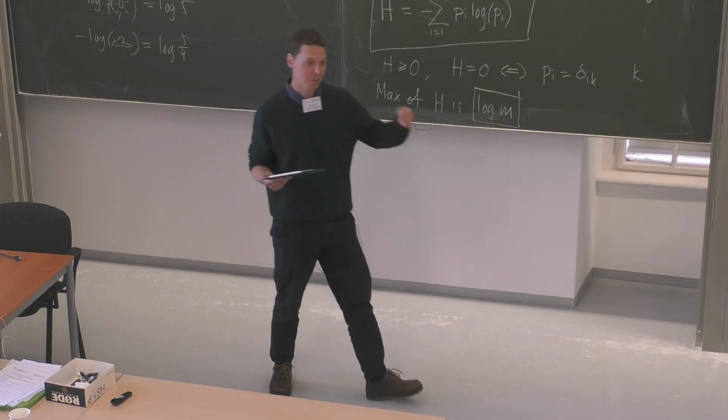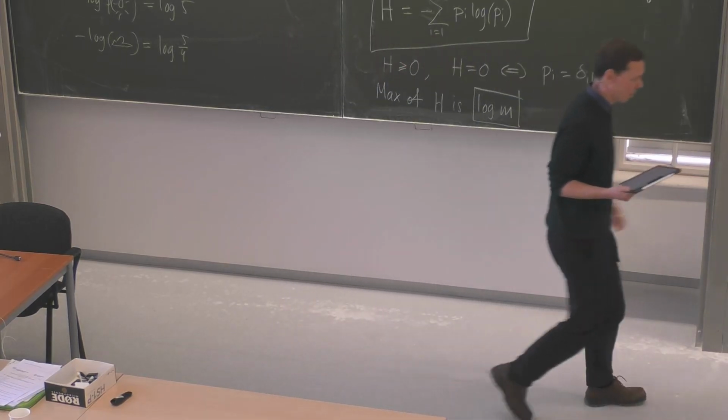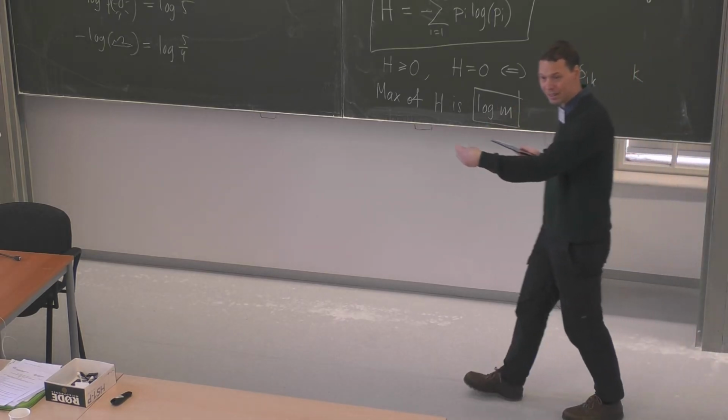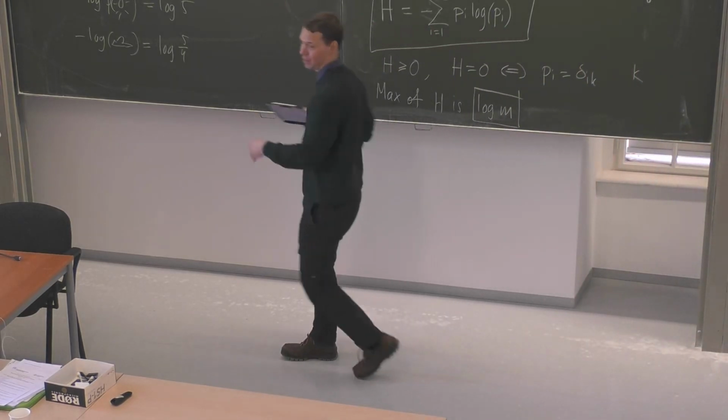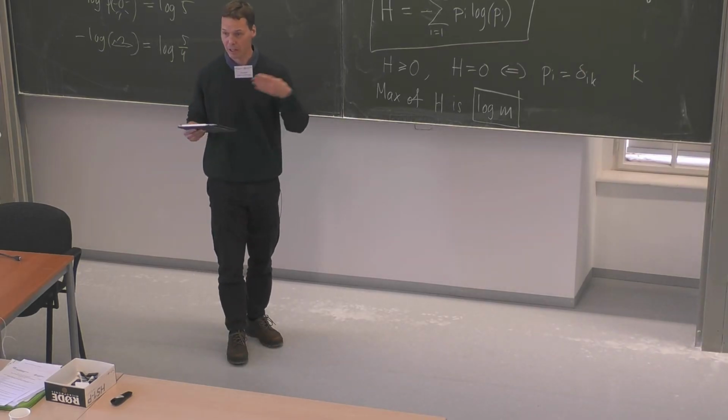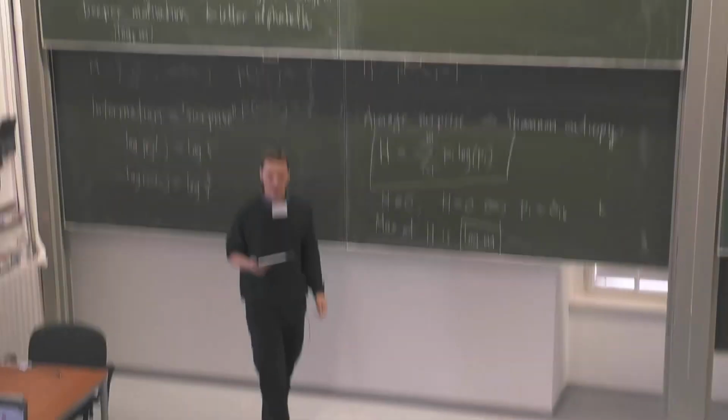If you take it even more extreme, because of course just looking at the individual letters is not enough, if you look at sequences of words instead, you think of M, this set, as the set of English words. And then you count the frequency of these words, and you make a corresponding analysis there.